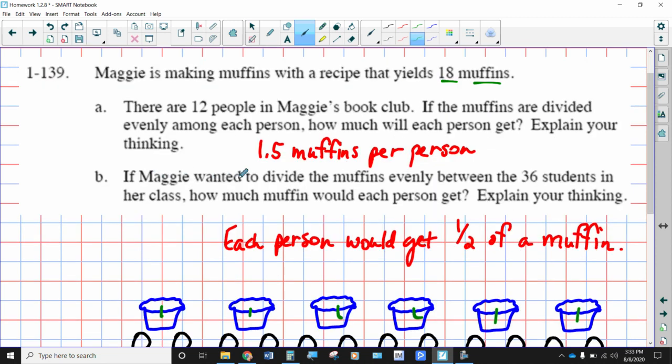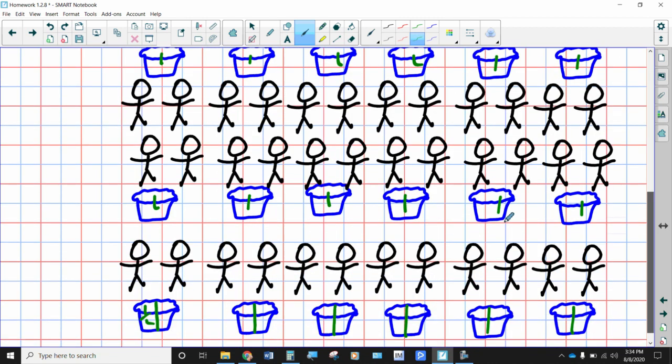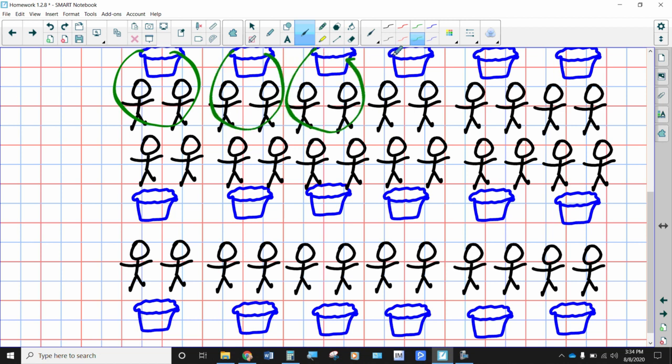It says if Maggie wanted to divide the muffins evenly between 36 students in her class, how much muffin would each person get? Well, that's what this model is all about. So let me go ahead and get rid of all those. So you got 36 people, right? So that means that here they are. These 2 people get that muffin, these 2 people get that muffin, these 2 people get that muffin, and so on and so forth.